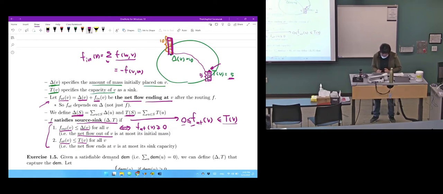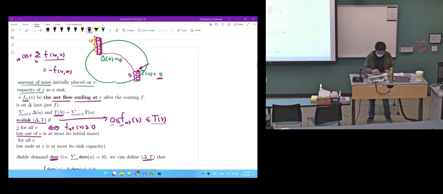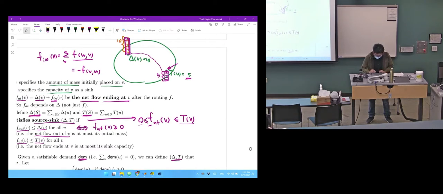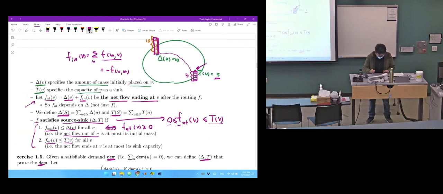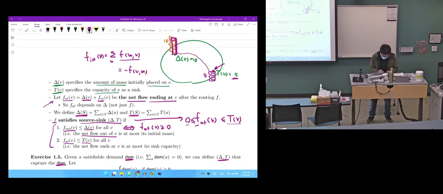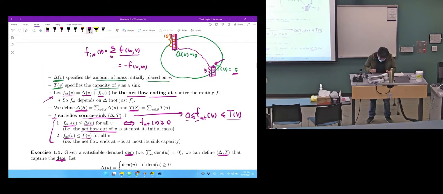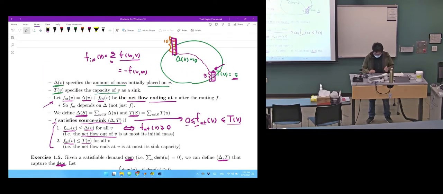Suppose that you are given some demand function, and you can actually define a source and sink function that captures the demand in the following sense: can you try to define source and sink functions that capture the demand in such a way that F satisfies this if and only if F satisfies the demand? How would you define the source and sink functions?